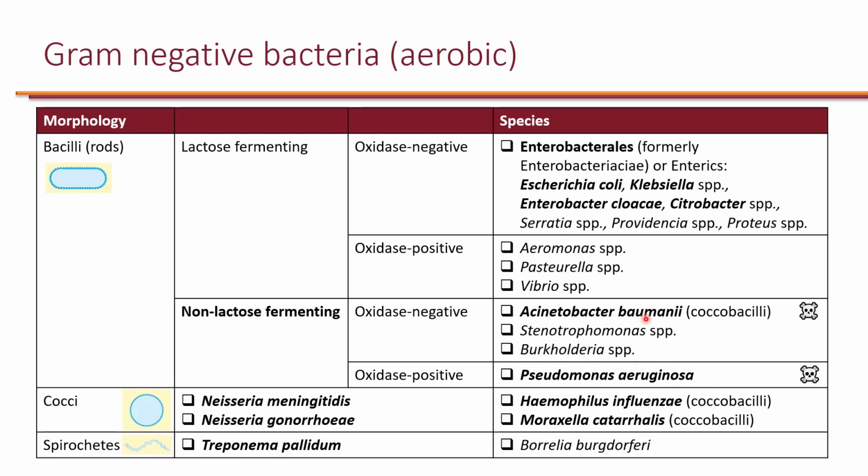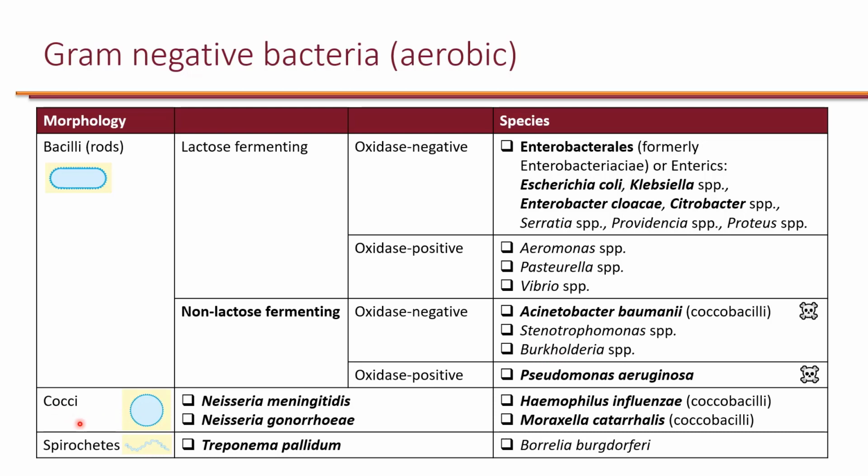Also Acinetobacter baumannii, which is less severe than Pseudomonas but can be more resistant. Stenotrophomonas and Burkholderia also can be very, very resistant, and are typically more common in immunocompromised patients.